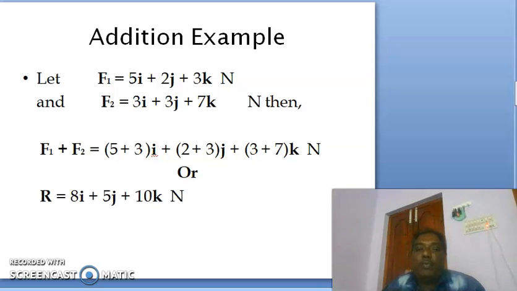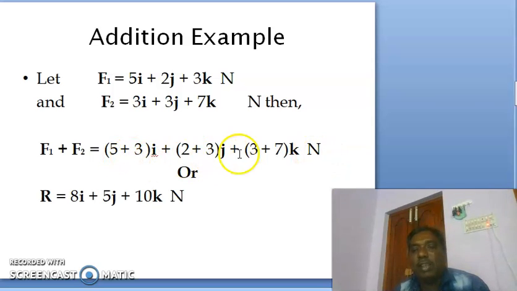Then F1 vector plus F2 vector is given by (5 plus 3) i, where the 5 the i component in F1 and the 3 the i component in F2 are added together, plus (2 plus 3) j plus (3 plus 7) k newtons.